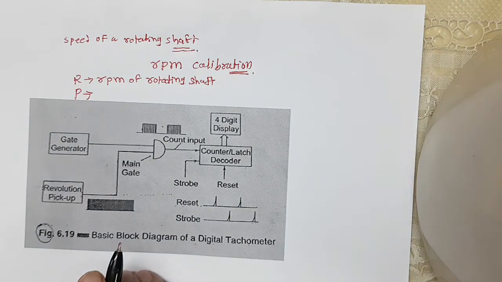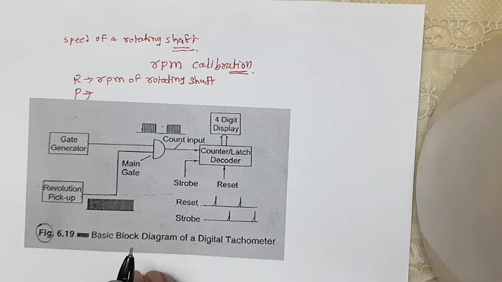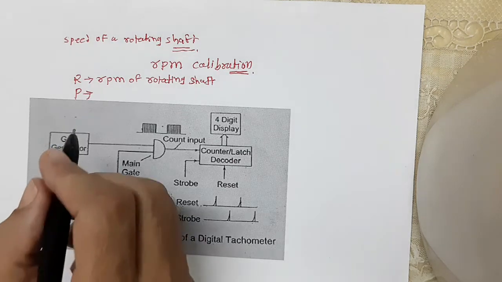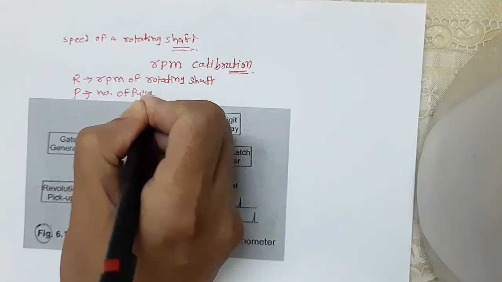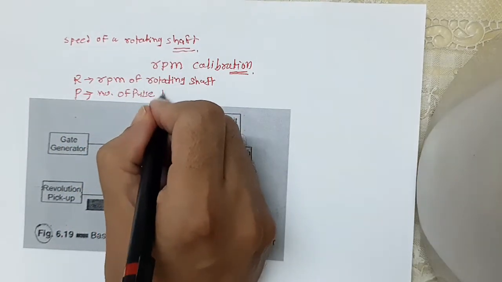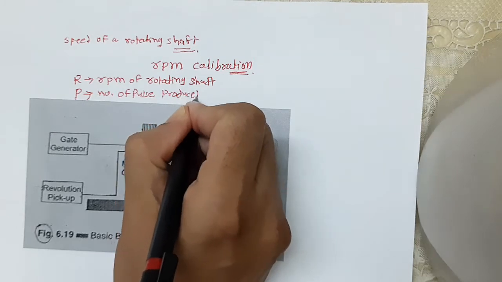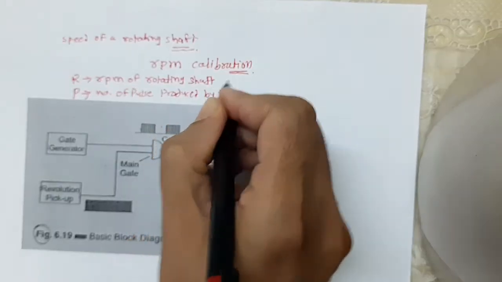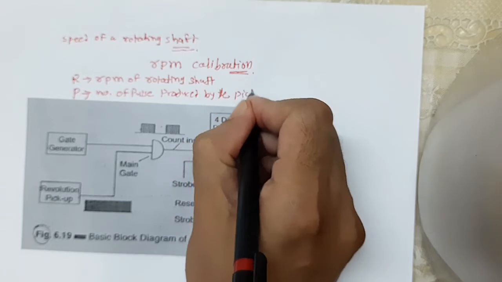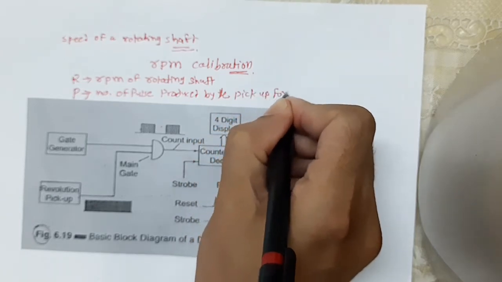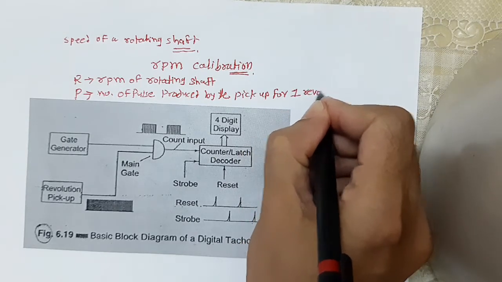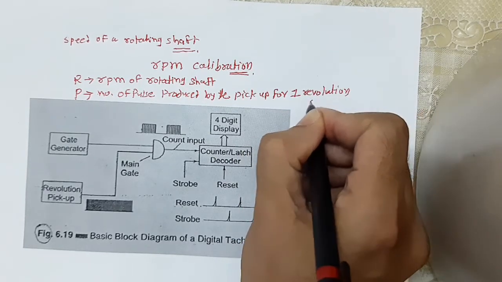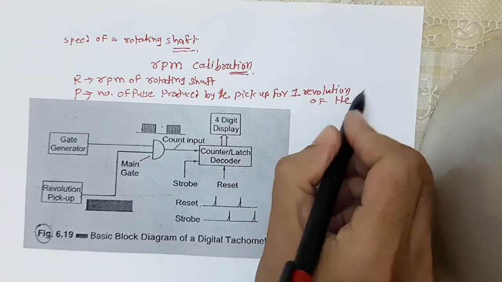P is the number of pulses produced by the pickup for one revolution of the shaft.